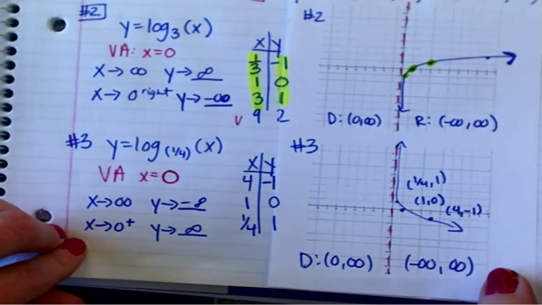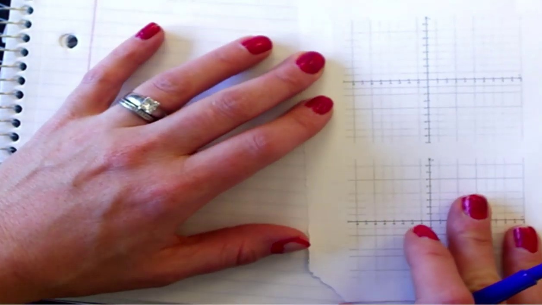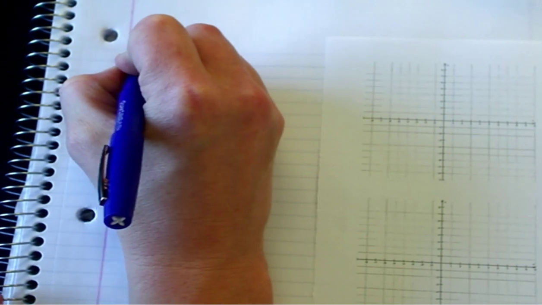Here we go. You should have 3 graphs already ready. Okay. And let's transform. Number 4.